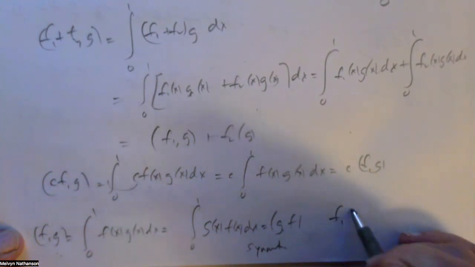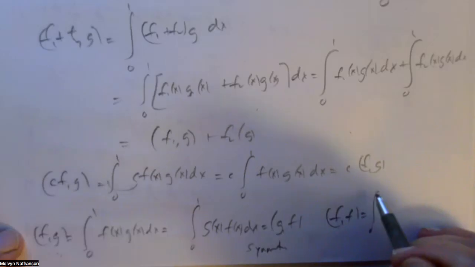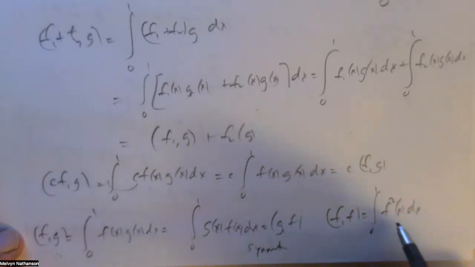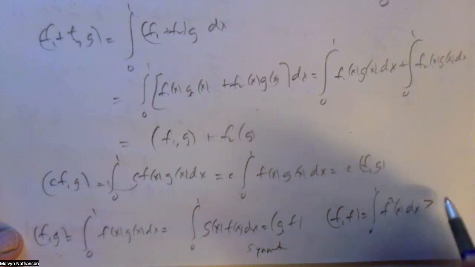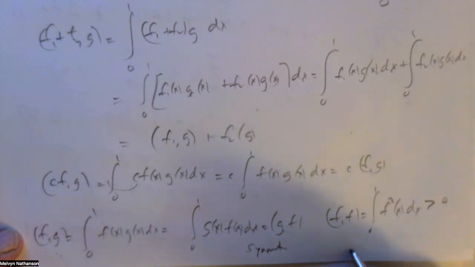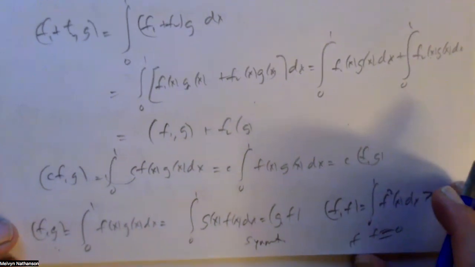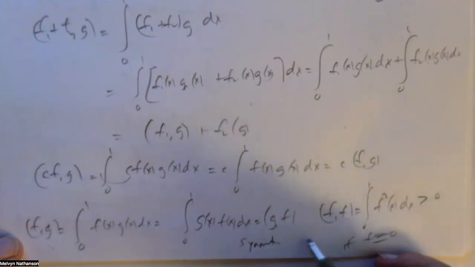And if I take the inner product of f with itself, that's the integral from 0 to 1 of f squared of x dx. f is continuous. This is always non-negative. If f is not identically 0, this is positive somewhere. So it's positive in some small interval. And this is greater than 0 if f is not the zero function. So we have positive definite.